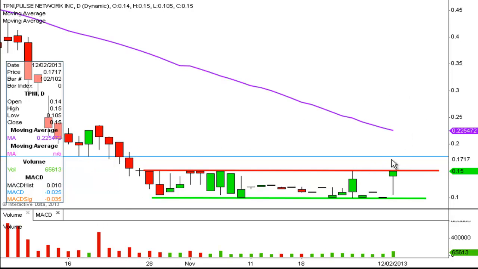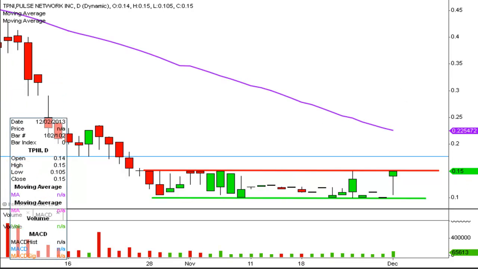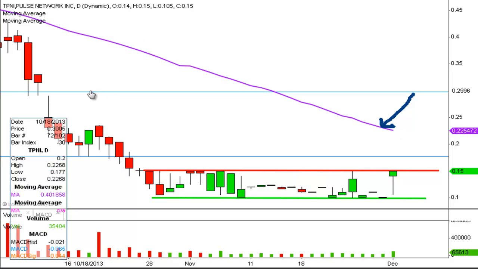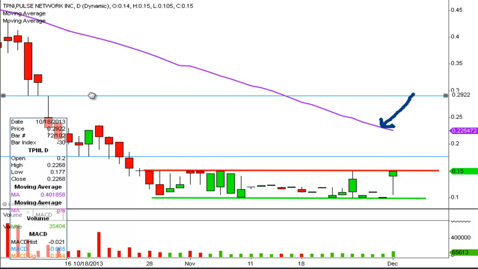After that, things really start to open up, as the next level would not be until up here above 20 cents, at 22.5 cents, because that's the 50-day simple moving average. And then after that, no other resistance until way up here at 29 cents. You can see here it acted as support 2 days in a row, and then right there acted as resistance. So that's just basic technical analysis, support turning into resistance.